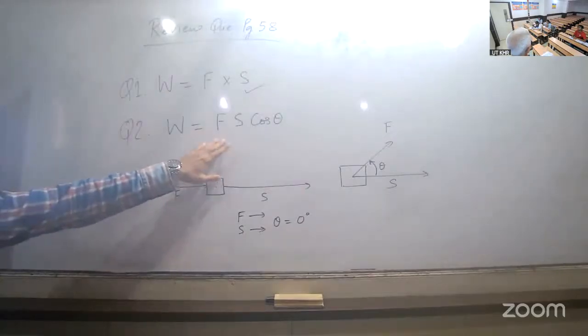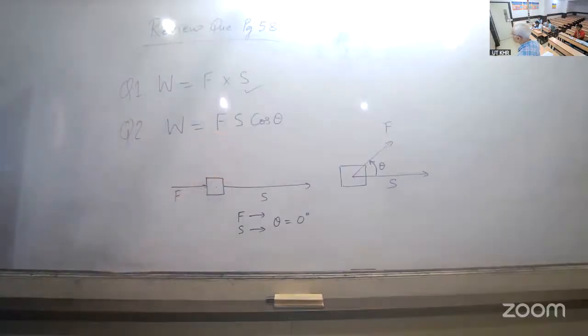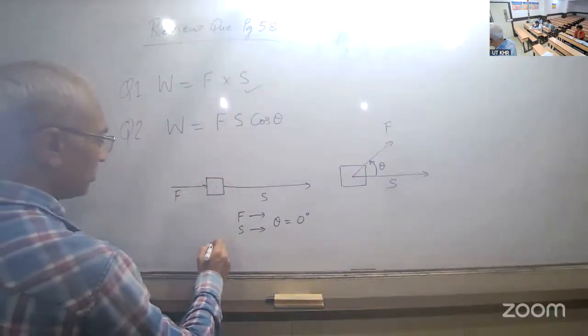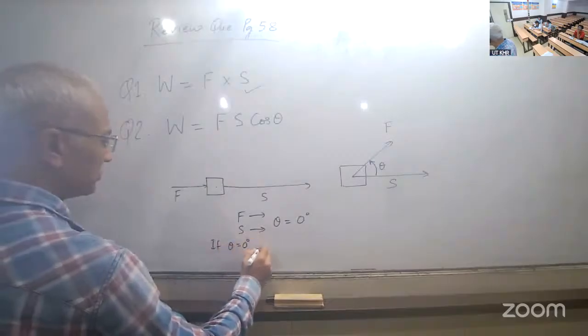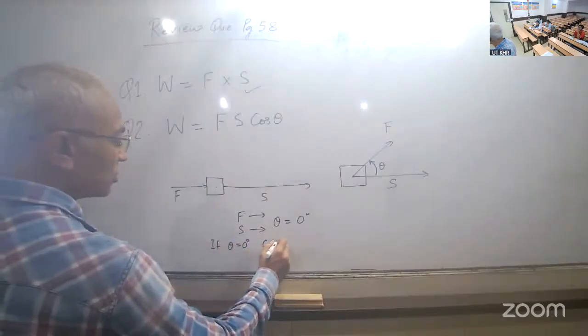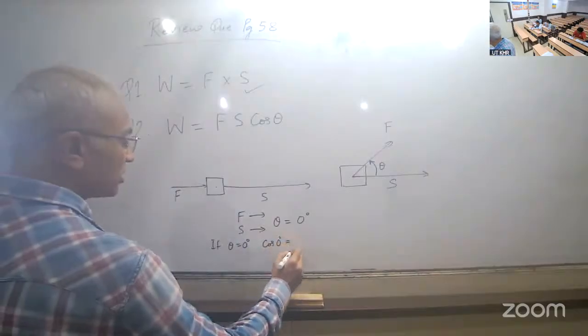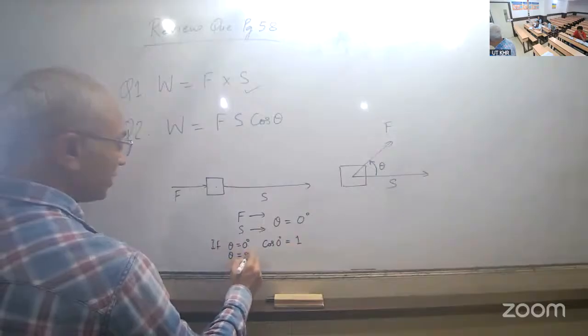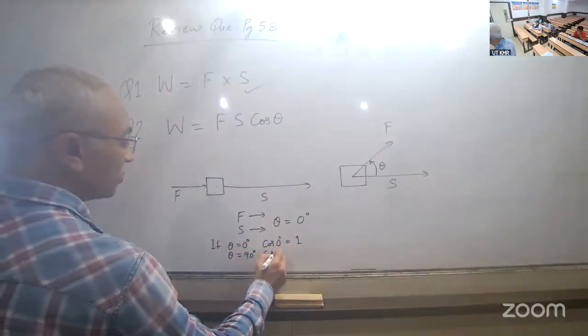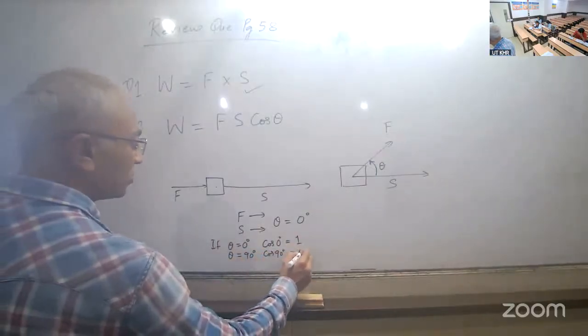Is this clear? Cos theta has a value, you have to remember. If theta is equal to 0 degree, cos 0 is 1. Theta is equal to 90 degree, cos 90 is 0.